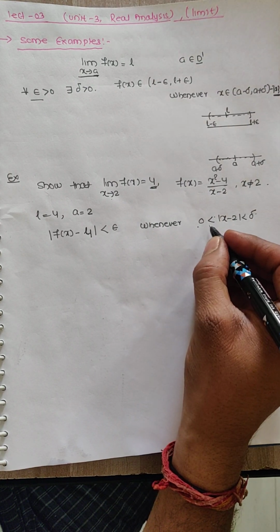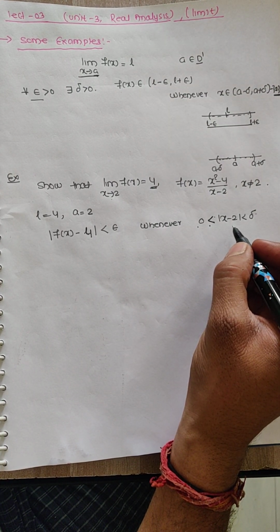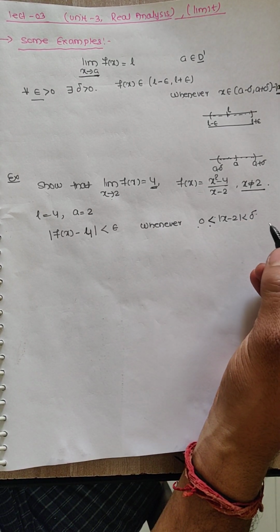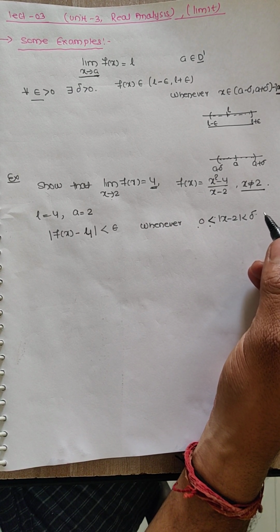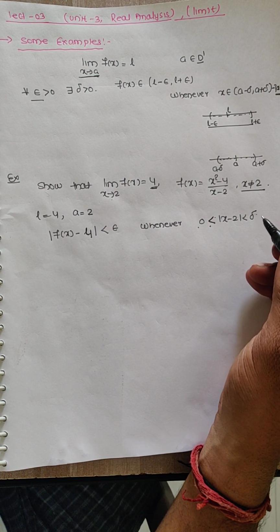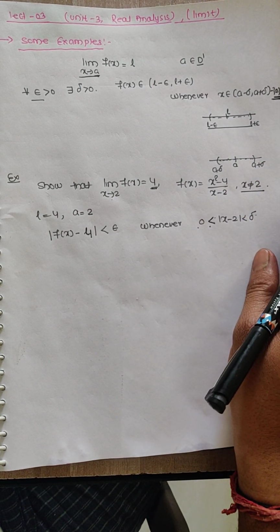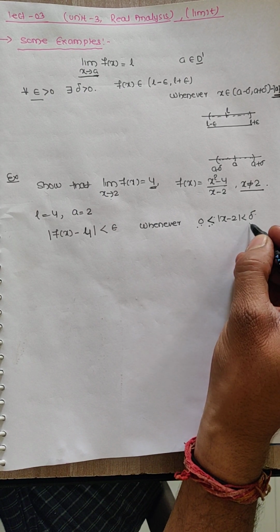We write 0 is strictly less than because x is not equal to 2. The function may or may not be defined at the point where we find the limit. That's why we are always deleting the point where we are finding the limit. So here 0 is strictly less than mod x minus 2 is less than delta.